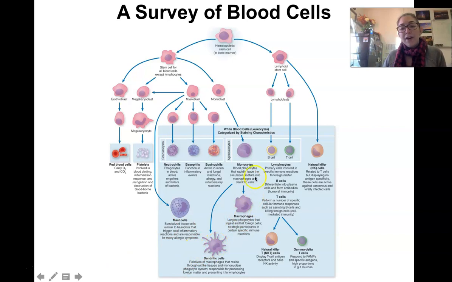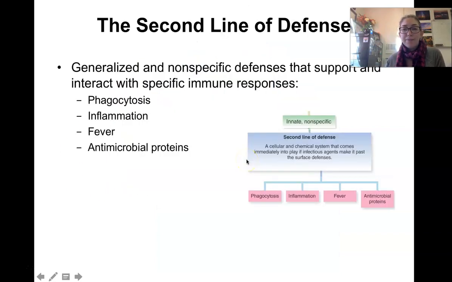And these guys are all phagocytes. They can eat things. And then there's the lymphocytes, the B cells and T cells. And these are the ones that are involved in adaptive immunity. So I'll save them for the next chapter. But in this chapter, we're going to talk a lot about these guys, the neutrophils and the monocytes.